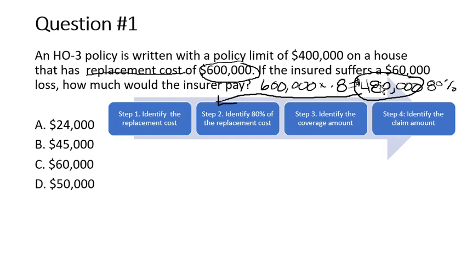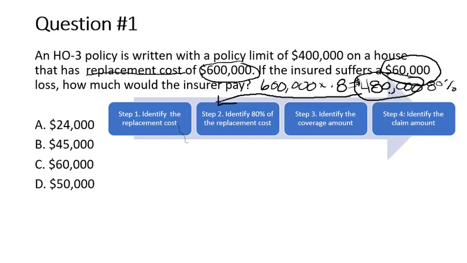So we are going to have to do the coinsurance did over should times the claim formula. Lastly, we want to identify the claim amount. The claim amount is $60,000 because the insured suffered a loss of $60,000, and we want to find out how much the insurer would pay of that $60,000.